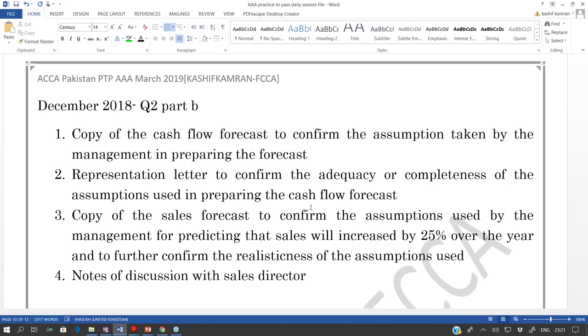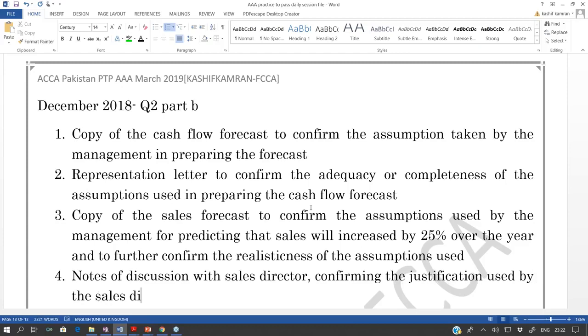I can have a note of discussion with the sales director confirming the justifications used by the sales director in predicting that sales will grow by 25%.